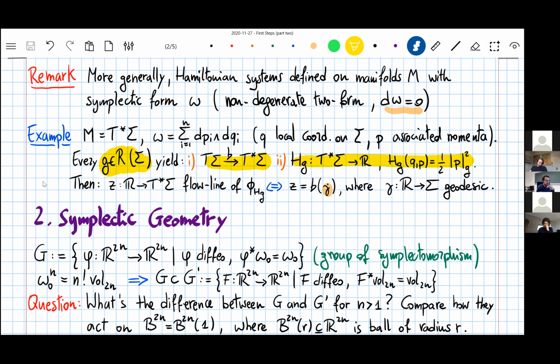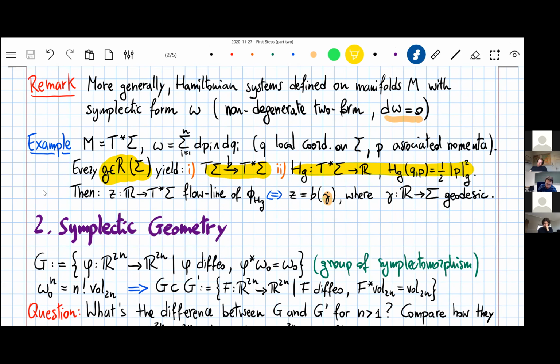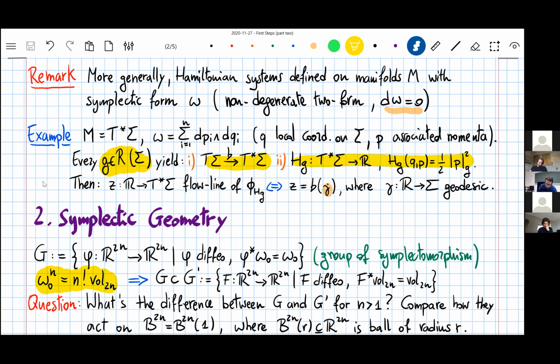In this way, you can start measuring not only two-dimensional objects but also four-dimensional objects, and so on, until you arrive at the top dimension, where you are just measuring the volume in your space up to some factor, which is here n factorial. So this tells us that our group G is contained in the group of volume-preserving diffeomorphisms. These are the maps preserving the volume form.